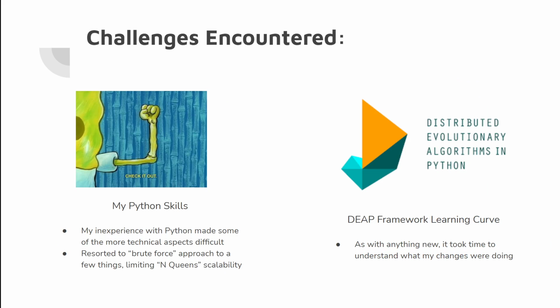A couple of challenges I encountered. Number one, my Python skills. The parts where you had to get a little bit creative, mainly in detecting collisions, I kind of resorted to a little bit of hard coding to specifically solve the 8 queens problem. I didn't really like doing it, but I was definitely hitting my head against the wall with how to implement some of these things.